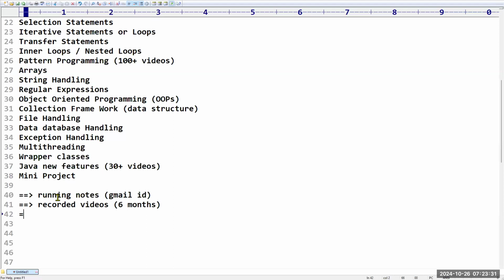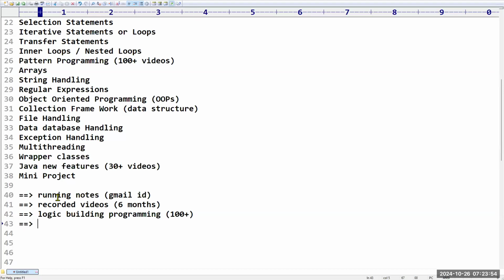Next, in addition to that, I'm going to give logic-based programs. Logic building programs, I'm going to give around 100 plus programs. It is completely homework.